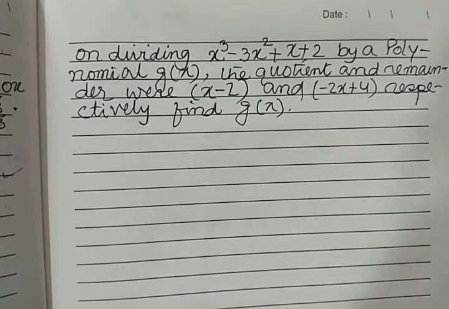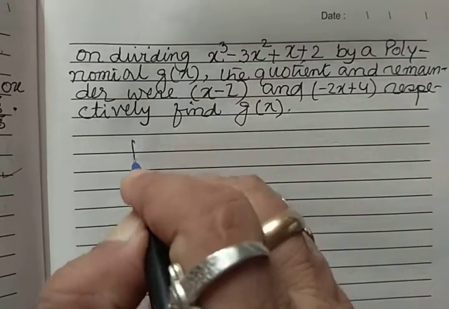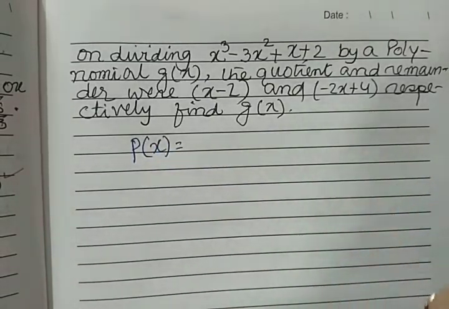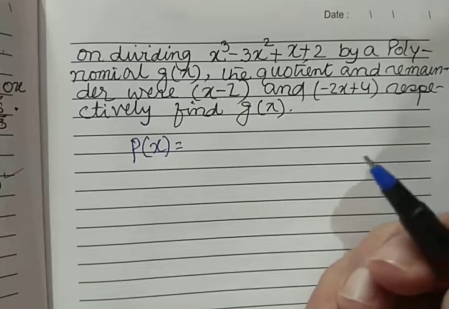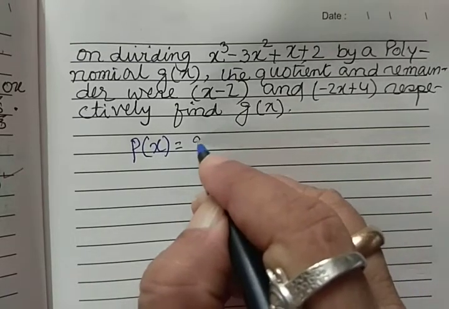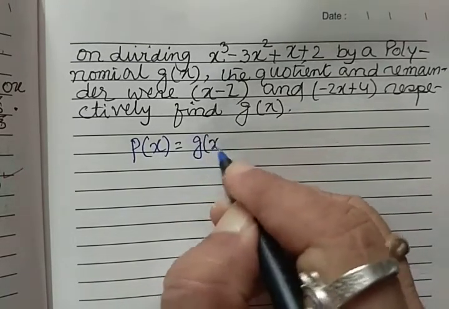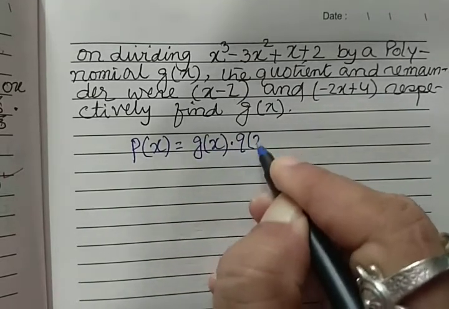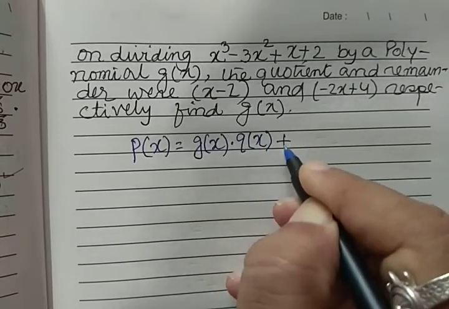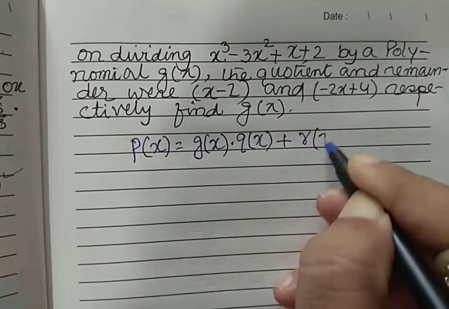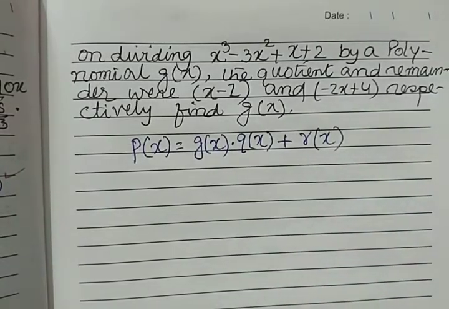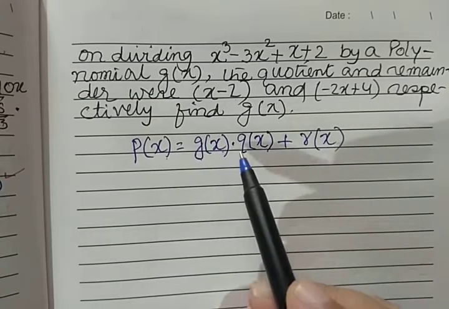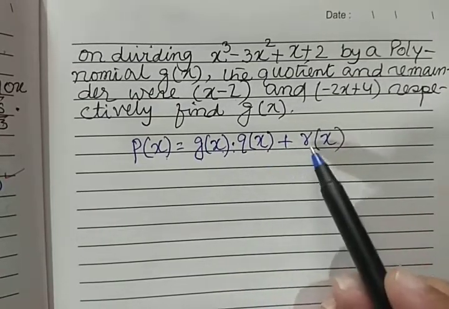We have a formula. What is that? P of x is equal to g of x into q of x plus r of x.